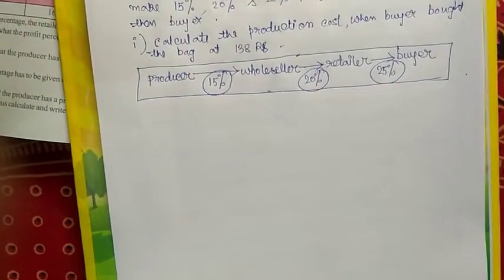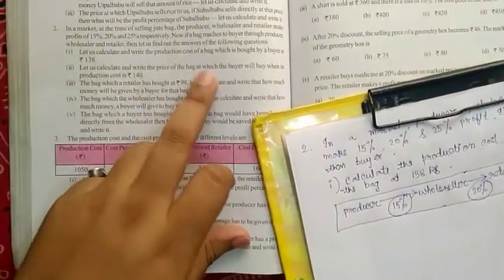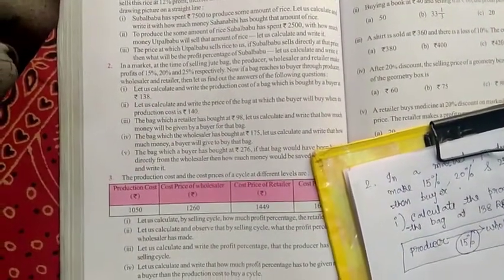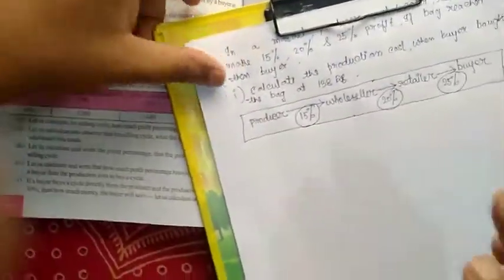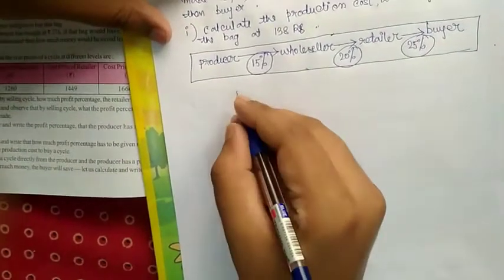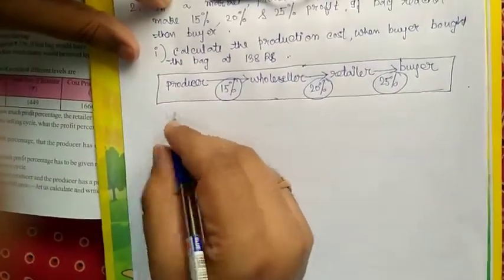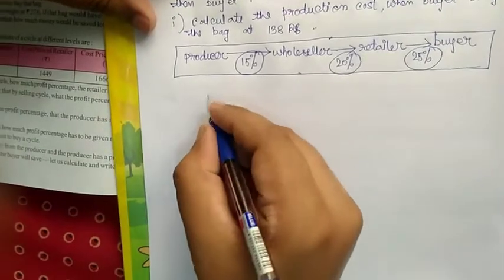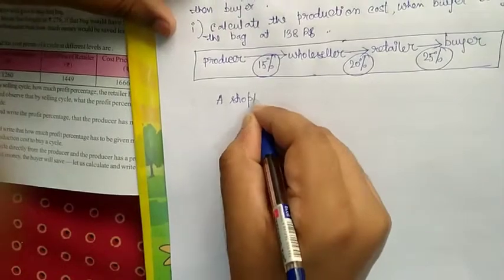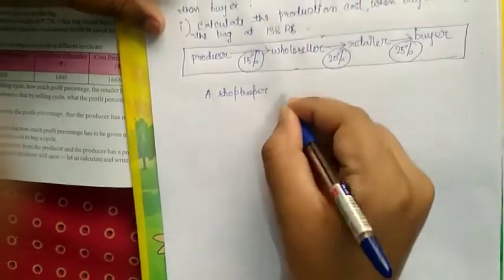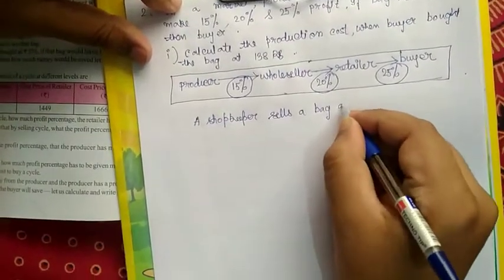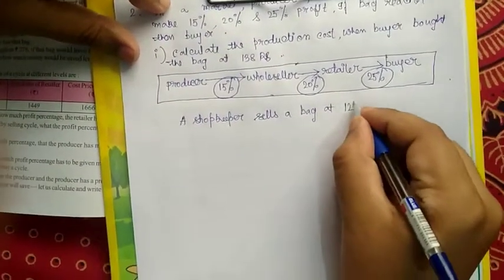First question is, let us calculate and write the production cost of a bag which is bought by a buyer at rupees 138. Now, all of you, here is a new procedure. Which procedure? Suppose a shopkeeper sells a bag at 12% profit.